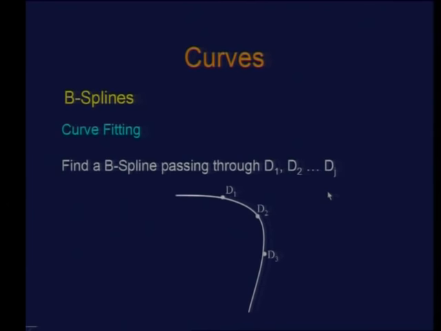These are the data set, the data values or the points, and I want to fit a B spline through these data points. So, how can I do that? First, the question is, can I do that? Hopefully, the answer is yes, right. How can I do that?